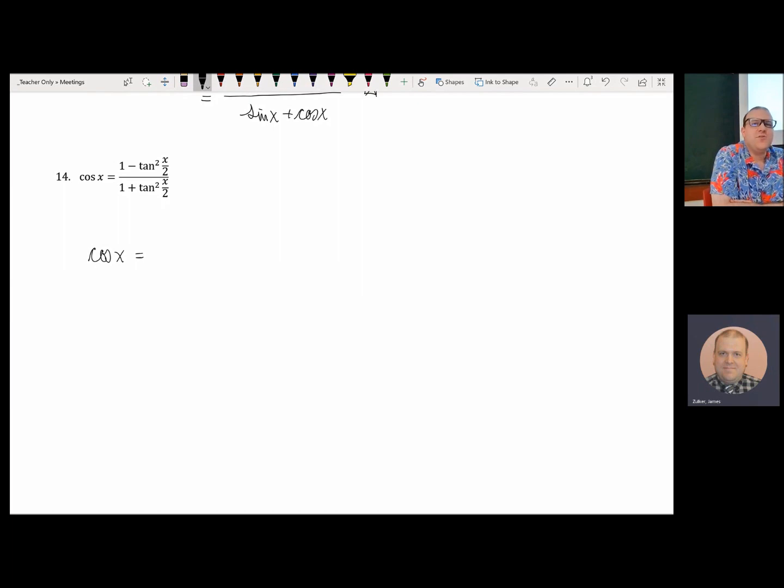Isn't x twice x over 2? So we can write cosine of x as cosine squared of x over 2 minus sine squared of x over 2.